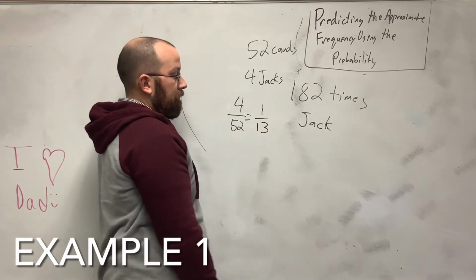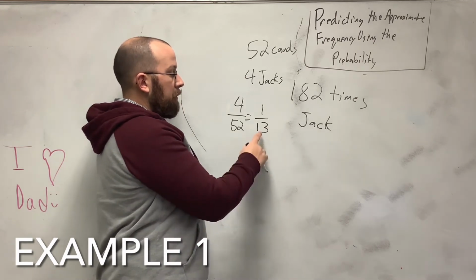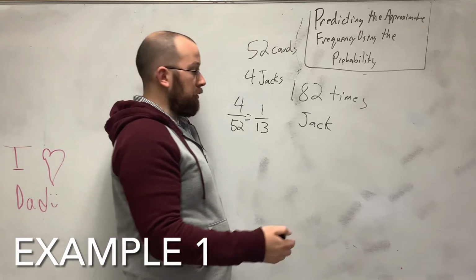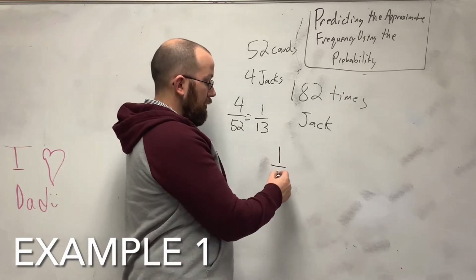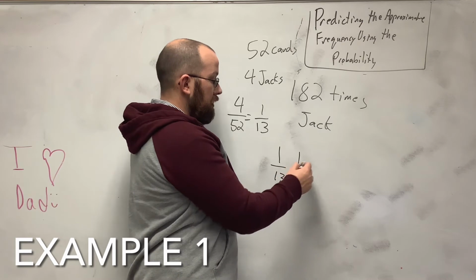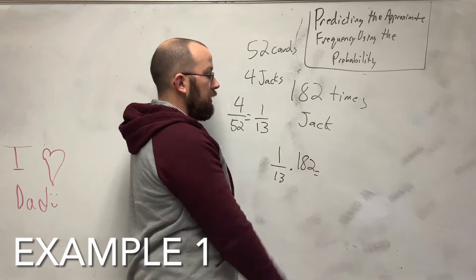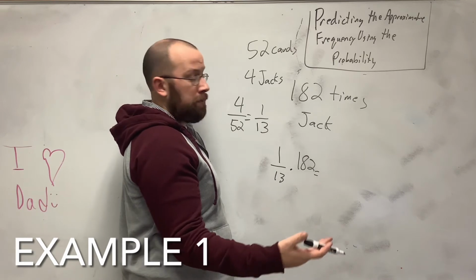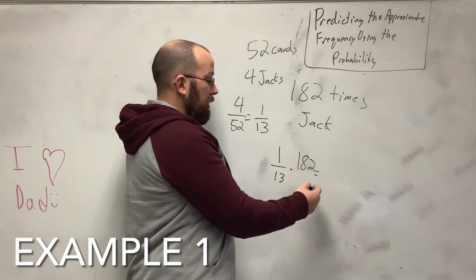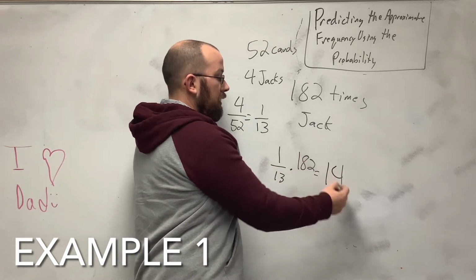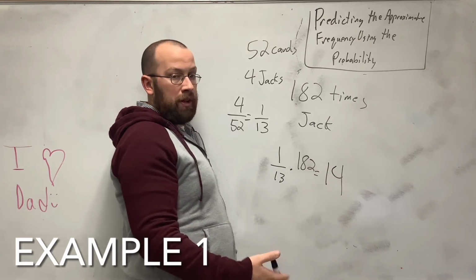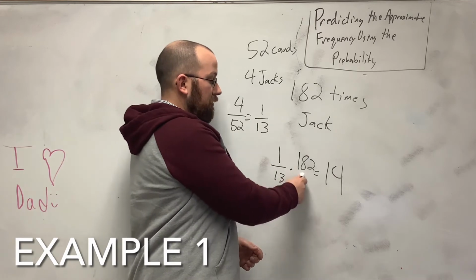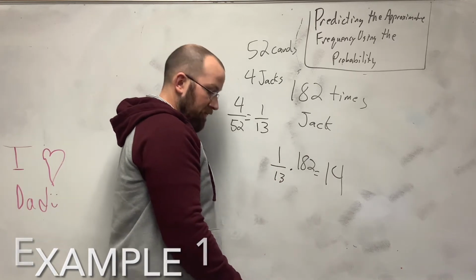Now I'm going to take this probability and do it 182 times, so I multiply the number of times I'm pulling and replacing a card by the probability, and I end up getting that I should expect to pull a jack 14 times.